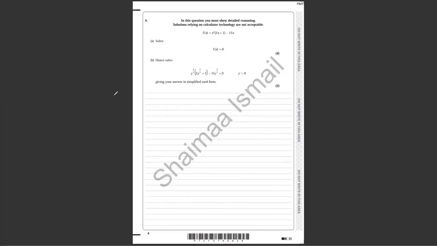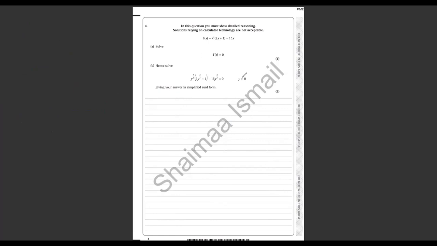Here we have x squared multiplied by (2x plus 1) minus 15x, so we have to expand it. f(x) equals 2x cubed plus x squared minus 15x, all that equals 0. I just expanded it.